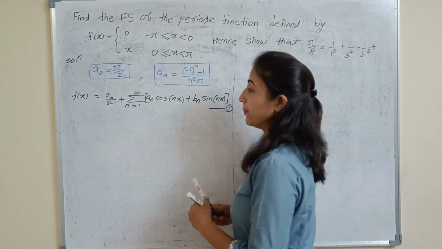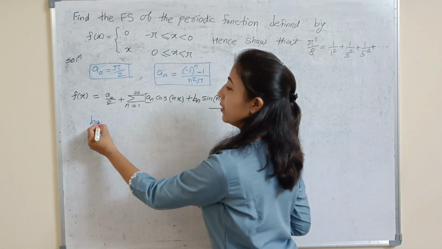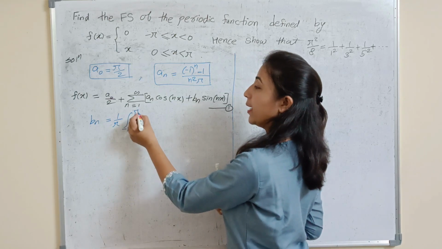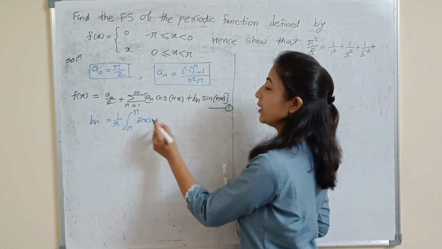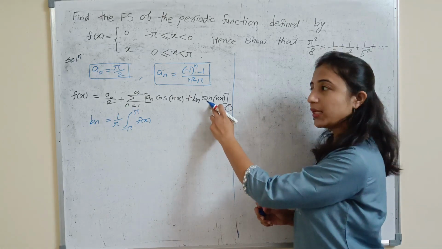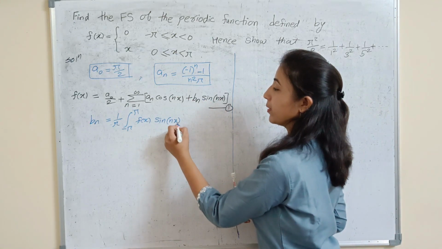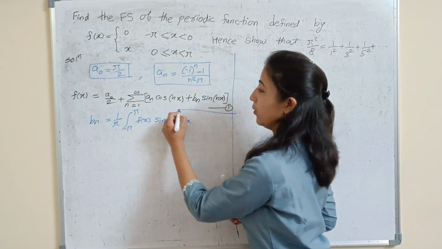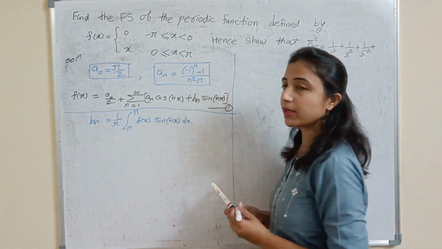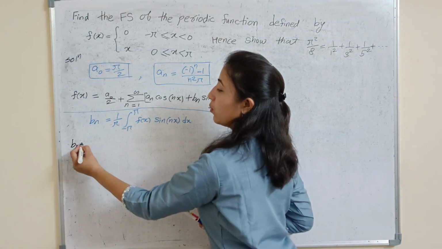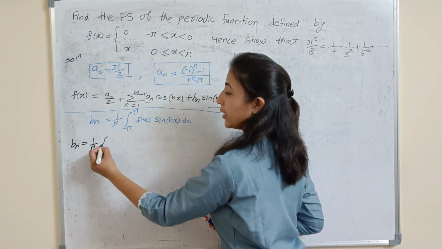The formula for finding bn is bn equals 1 upon pi integral minus pi to pi f of x. Now see here in the formula bn, into sine, so here we have to take sine nx dx. Now again put the value of the function. The function is again broken in two parts, so we write bn equals 1 upon pi, constant outside as it is.